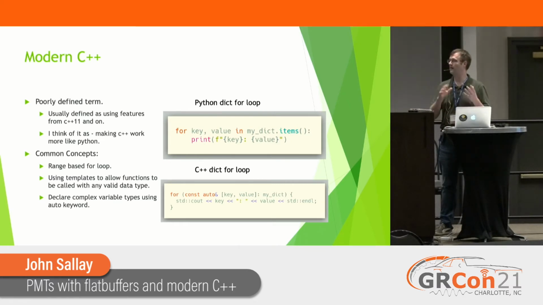And you're going to declare complex variable types using the auto keyword, kind of like in Python how you don't have to know the type to get a return value from a function. I put up a pretty simple example here. You've got a Python dictionary for loop where I'm just printing out the key and the value in there, and I've got the equivalent for loop in C++ using these features. It's not quite as simple as the Python, but I think it's pretty slick how close it is.